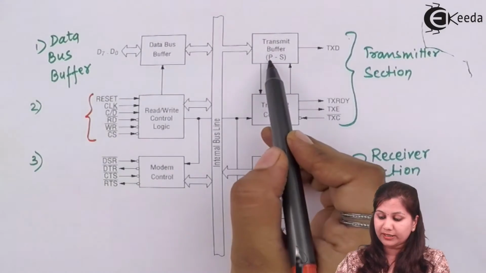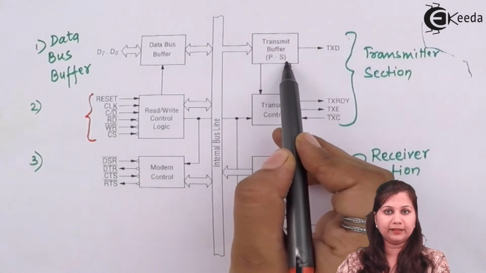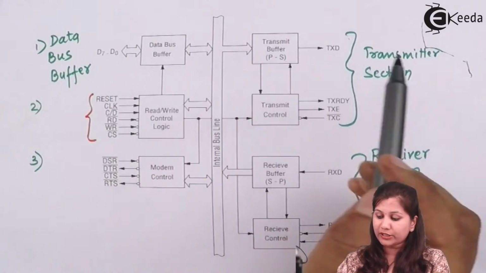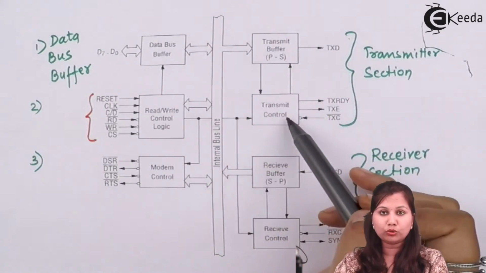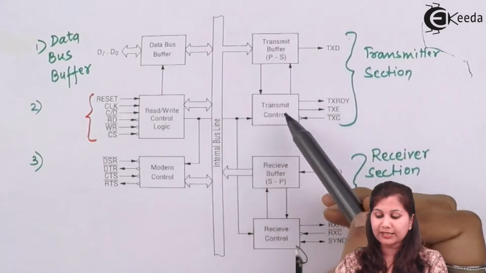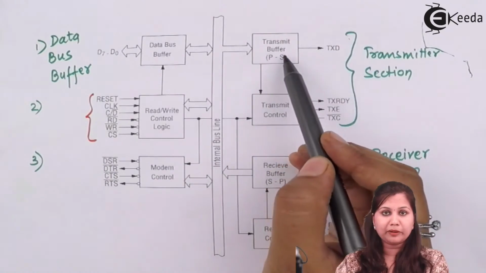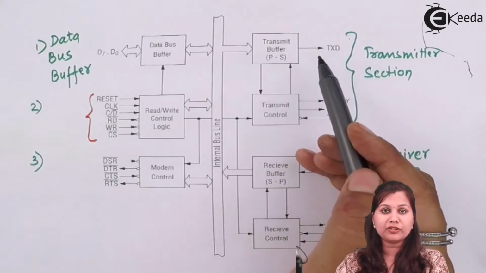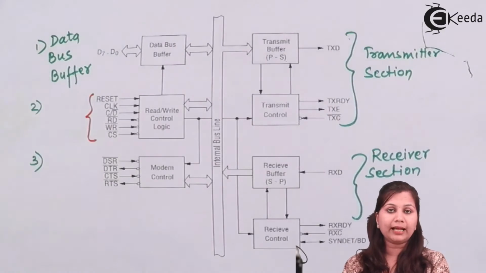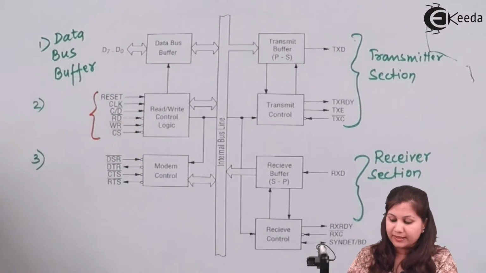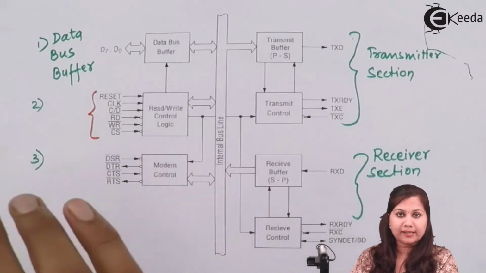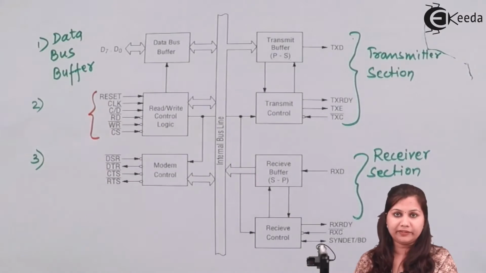So here it is written parallel to serial conversion. This transmitter section has two blocks, transmit buffer and transmit control. Transmit buffer is an 8-bit buffer which stores the 8-bit data and performs the parallel to serial conversion.